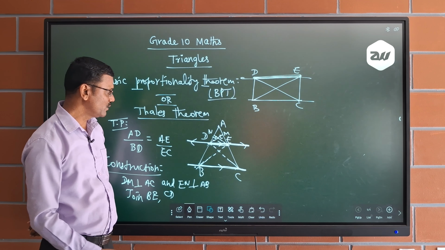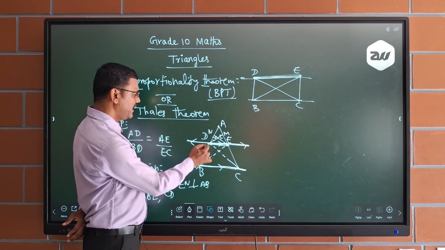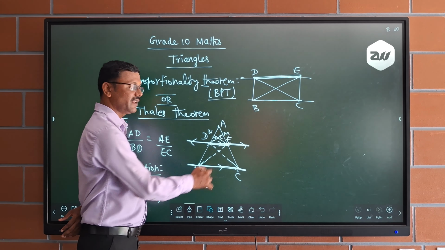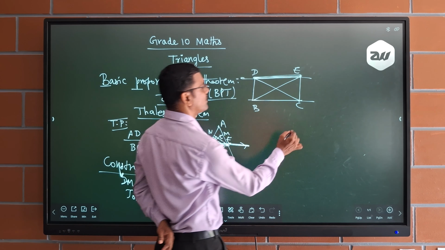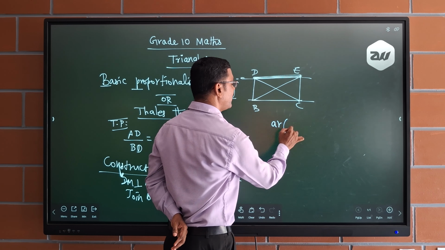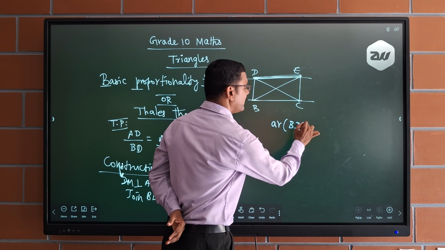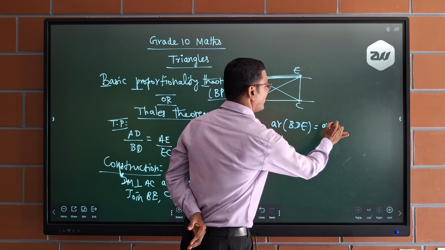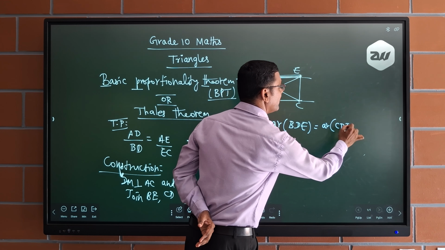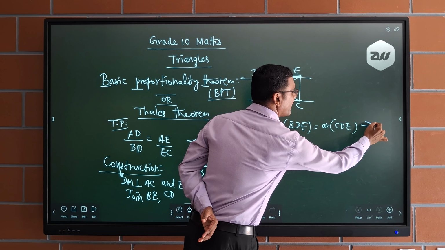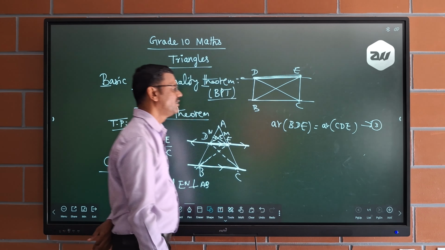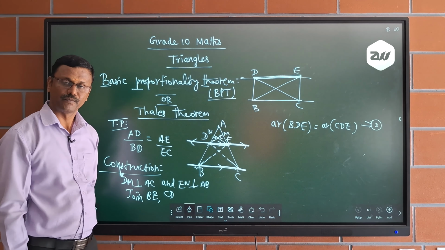So according to that, what do we say? BDE and CDE both are equal in area. So that is what I am going to say: area of BDE is equal to area of CDE. So both are equal. This I name it as equation number 3. Understood? Okay.